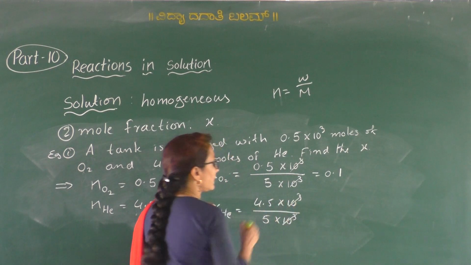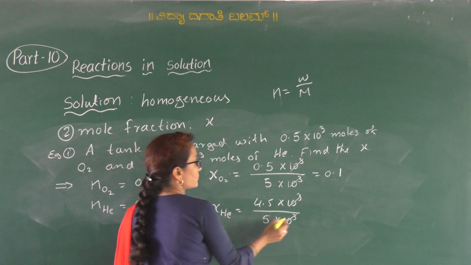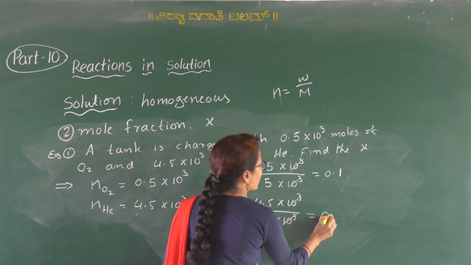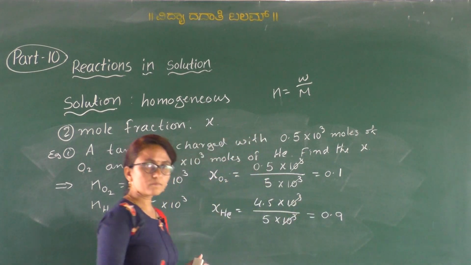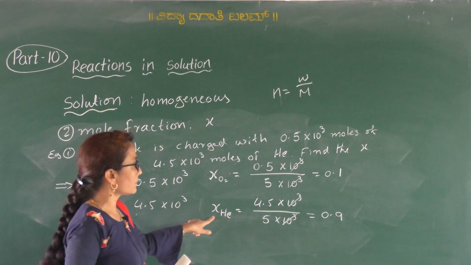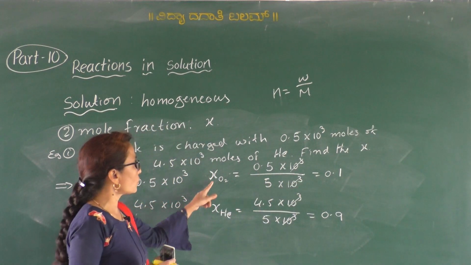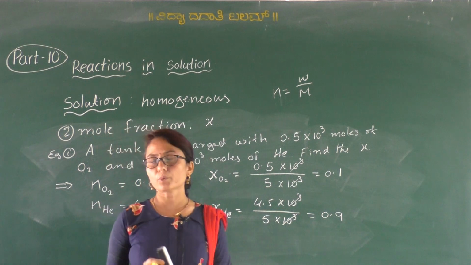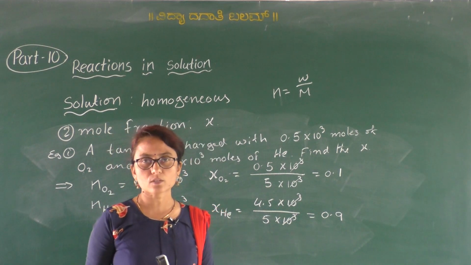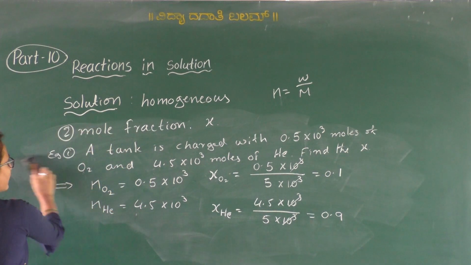So 10 power 3 is cancelled, and 4.5 divided by 5 is equal to 0.9. Now check the mole fraction of oxygen and the mole fraction of helium. By adding these two, we get 1. Therefore the sum of the mole fractions of all components in the mixture is always equal to 1. Clear? So now consider one more example.